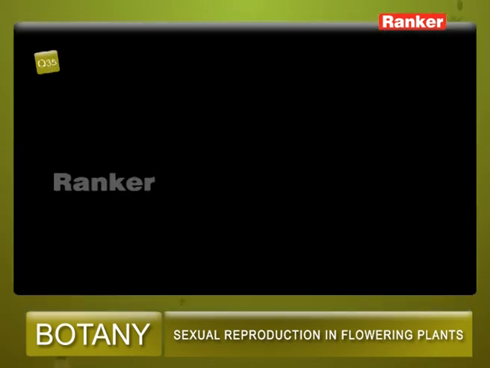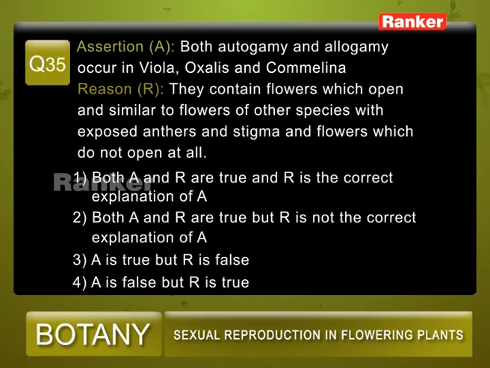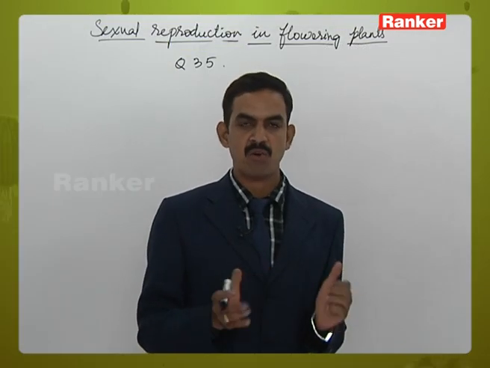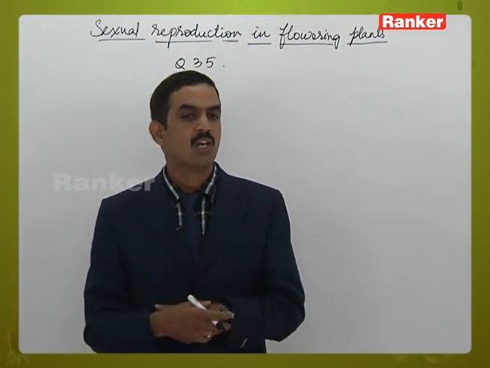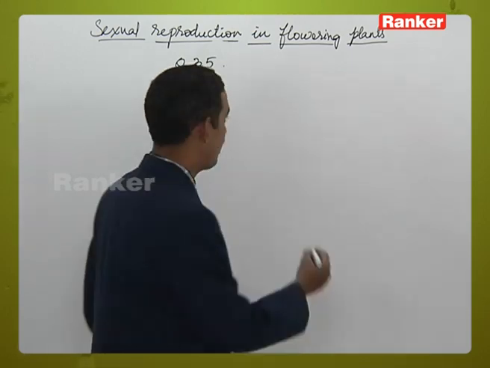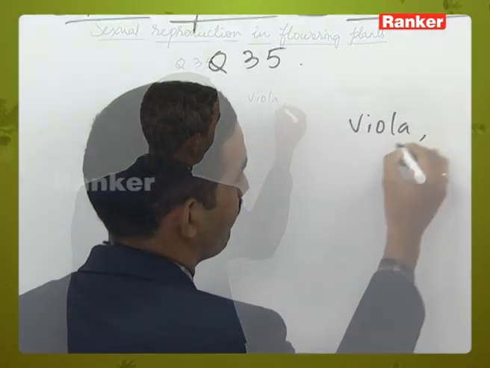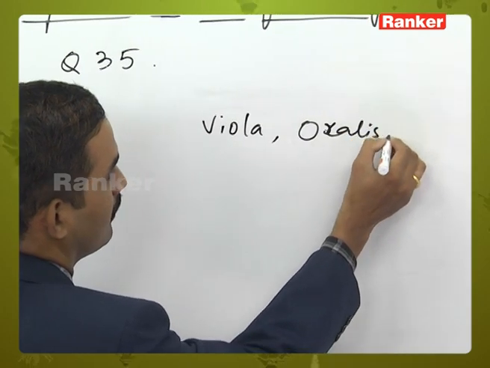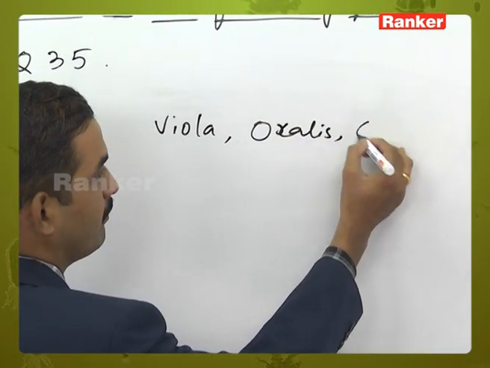Question number 35, assertion: Both autogamy and allogamy occur in Viola, Oxalis and Commelina. Reason: They contain flowers which open, similar to flowers of other species with exposed anthers and stigma, and flowers which do not open at all. So that means it contains both types of flowers. Let's come to the three plants, Viola, Oxalis and Commelina.